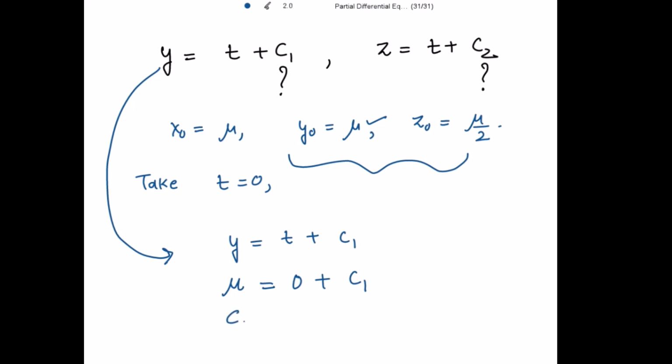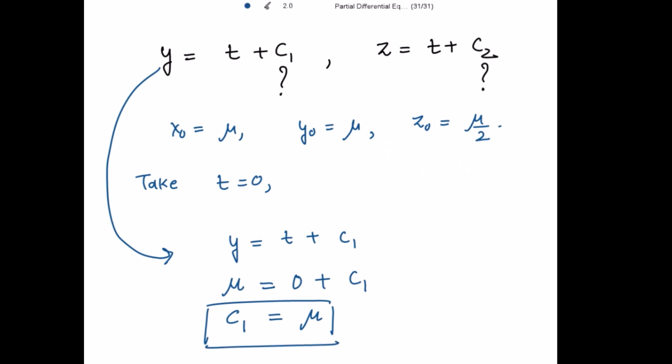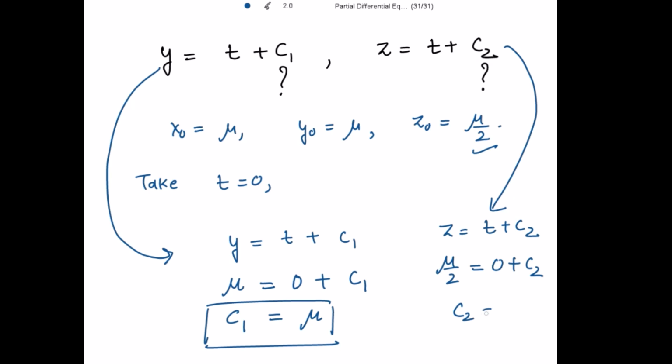So that means we are getting the constant c1 to be equal to mu. Right? Similarly, if I take this equation, that is z equal to t plus c2, applying the initial conditions, z is mu divided by 2, t is taken to be 0, plus c2. So here we are getting the constant to be mu divided by 2.